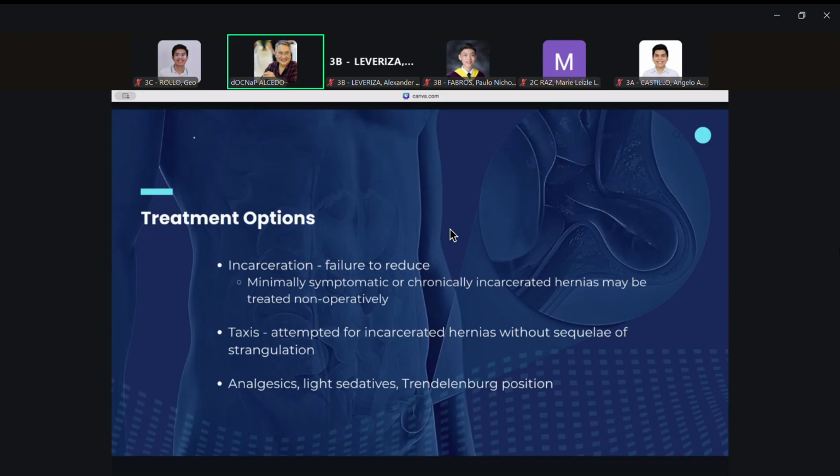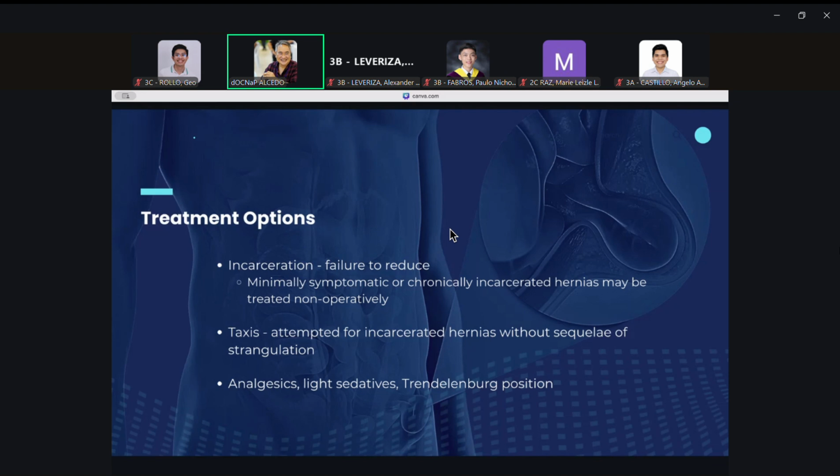So, sometimes we end up opening using a different incision just to take a look at that bowel to make sure that it is still viable. But some surgeons would resort to observing such cases: just go ahead with the repair and observe the patient.